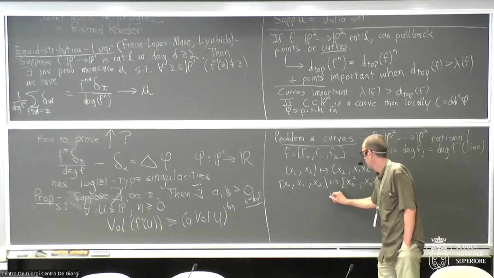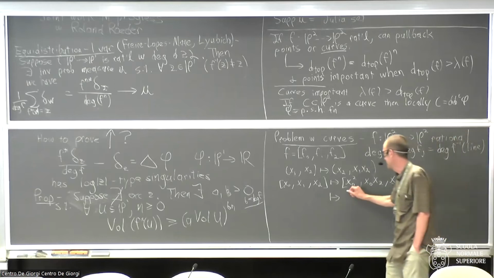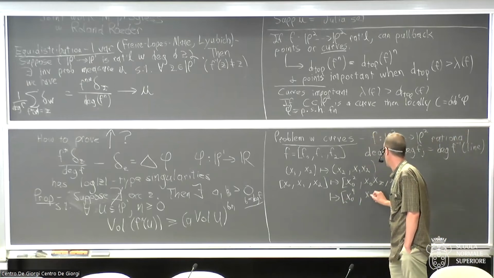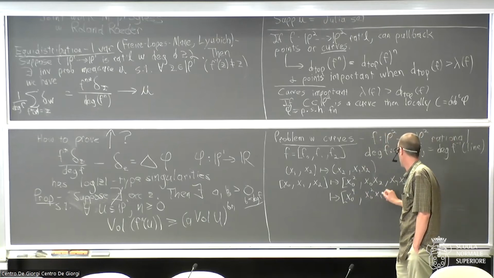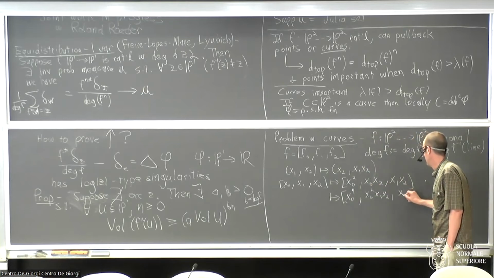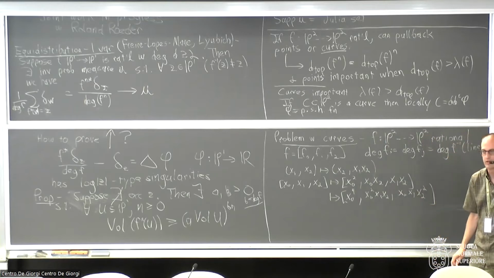And now you iterate this map a second time. And then you have x1, x2. So that's x0, x1, x2 squared. There, I did it. I haven't done this calculation for a while.